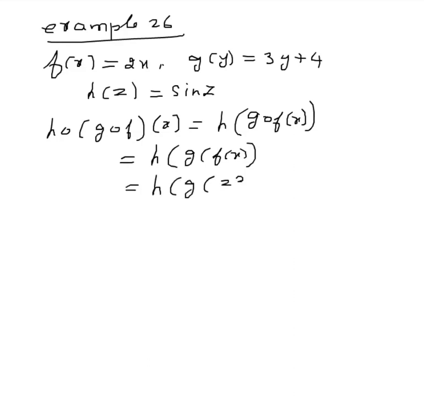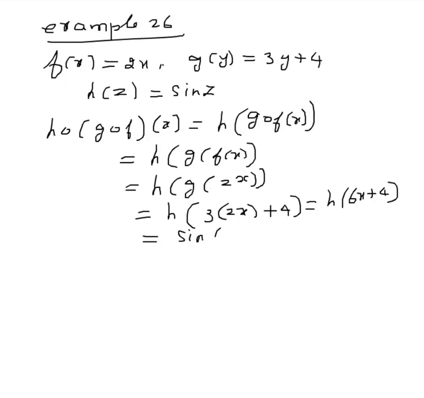F of x is 2x, which is equal to h of g function has to be done now. 3 times y. Y is 2x plus 4, which is 6x plus 4. Let us calculate the h function, which is sine z. Here z is 6x plus 4, so sine of 6x plus 4. This is the left hand side.